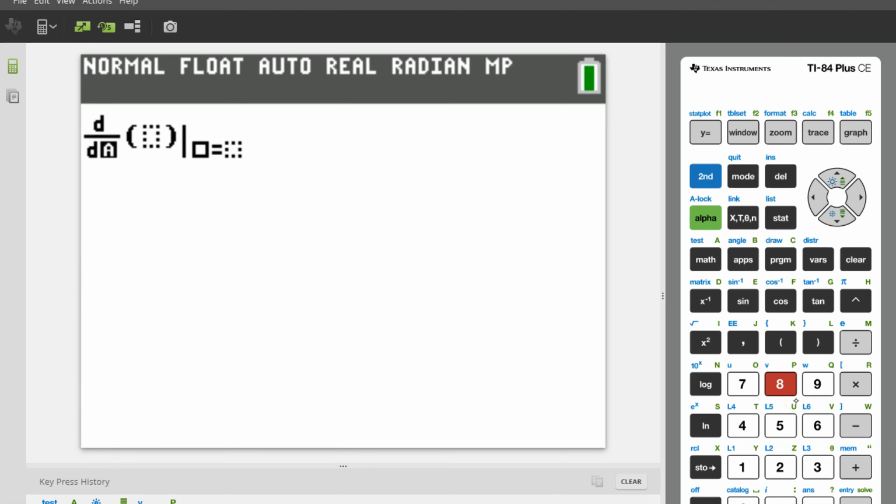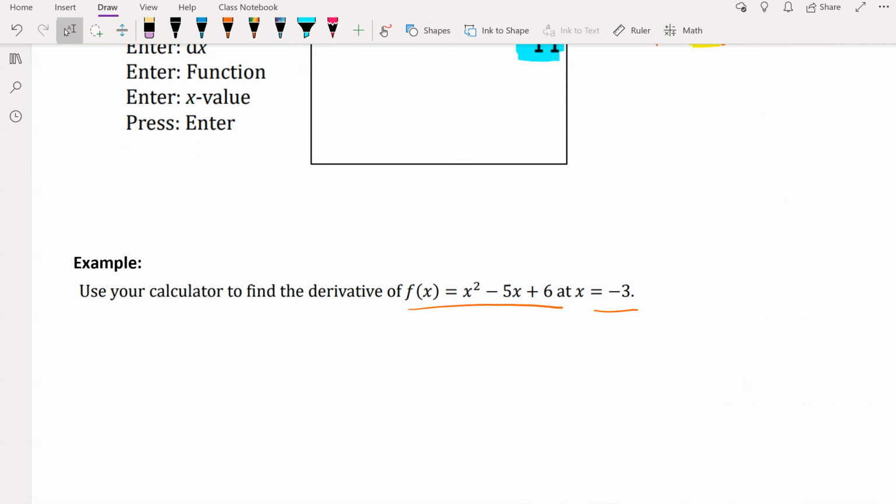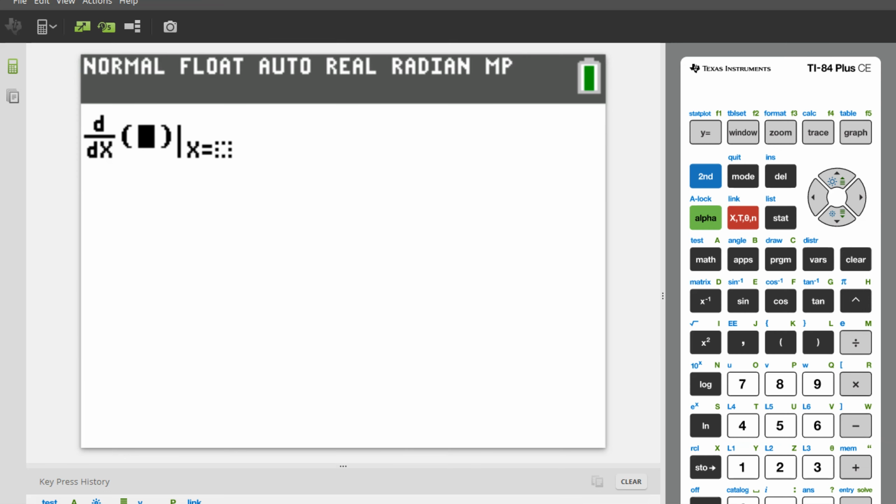We always take the derivative with respect to what variable? Well, not always, but most often the derivative with respect to x. So we're going to put an x there using the X,T,theta,n button. And then we're going to put our equation. So x squared minus 5x plus 6.